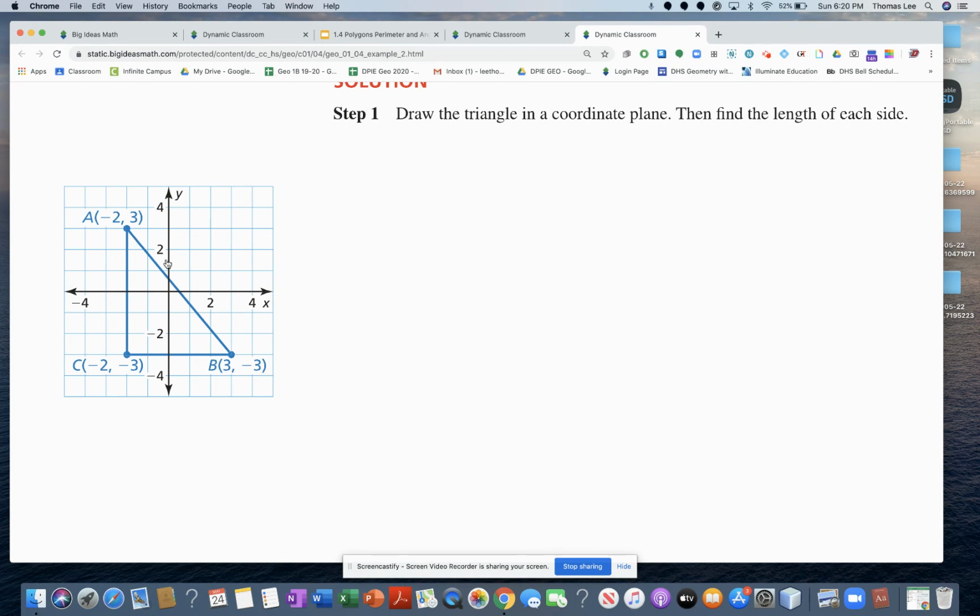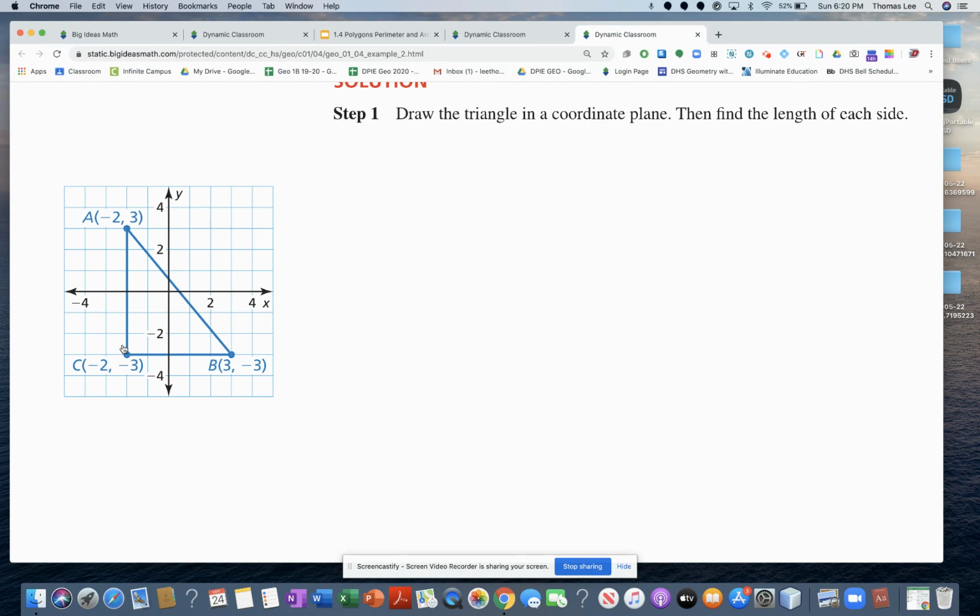This side right here is the one we're going to use Pythag for. Notice that this side is perfectly vertical and this side is perfectly horizontal. So we threw you a softball, a pretty easy problem for your first example. For side AC, you can just use what the textbook calls the ruler postulate.